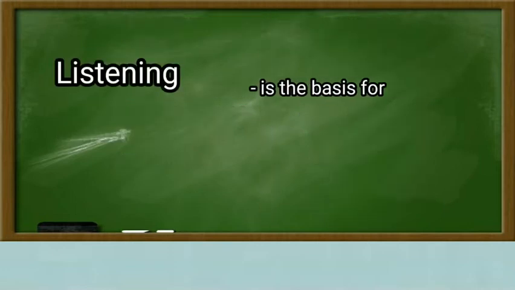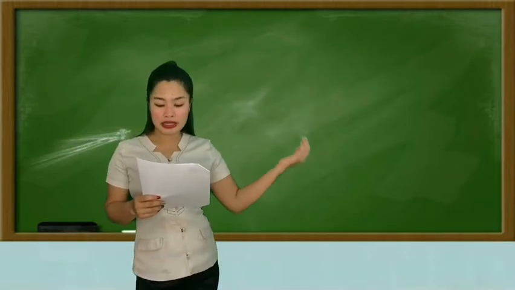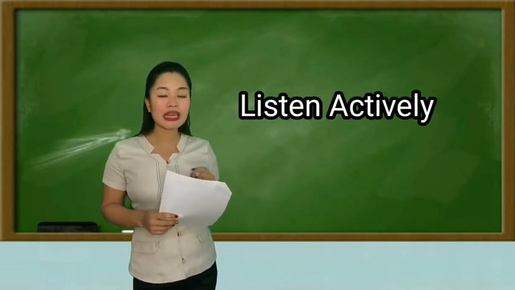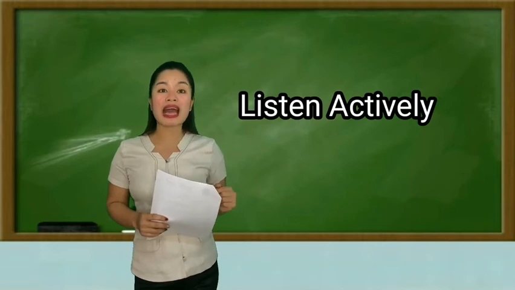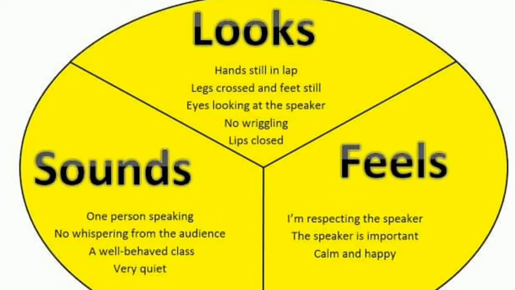Listening is the basis for your speaking, writing, and reading skills. So to train your listening skills, it is important to listen actively. Again, you need to listen actively. When we say actively, you are putting yourself in that situation, because your goal is to give an interpretation of what someone says or tells you to do.